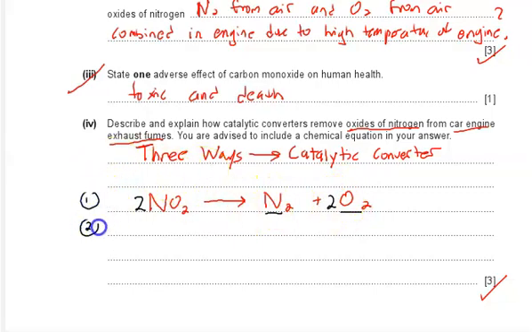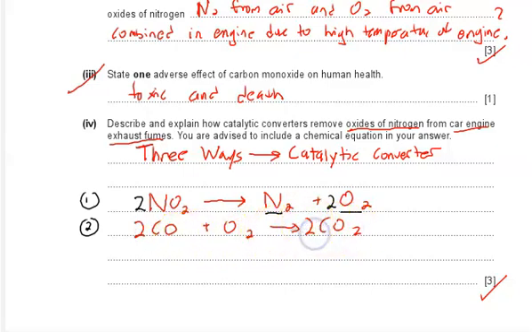The second one here will be carbon monoxide. Carbon monoxide will be further oxidized to form carbon dioxide. So here we have 2 and C, here's 2, O is 4.